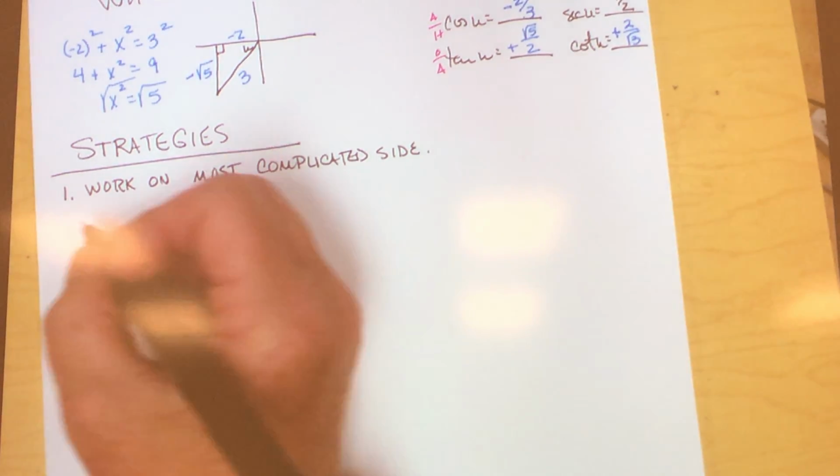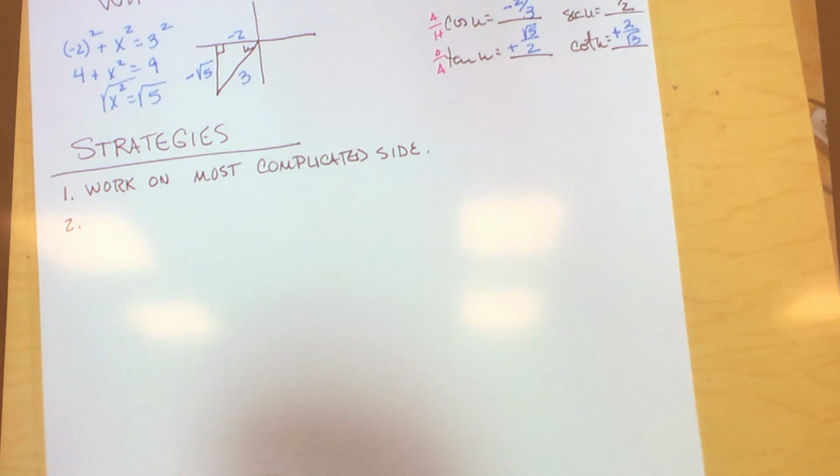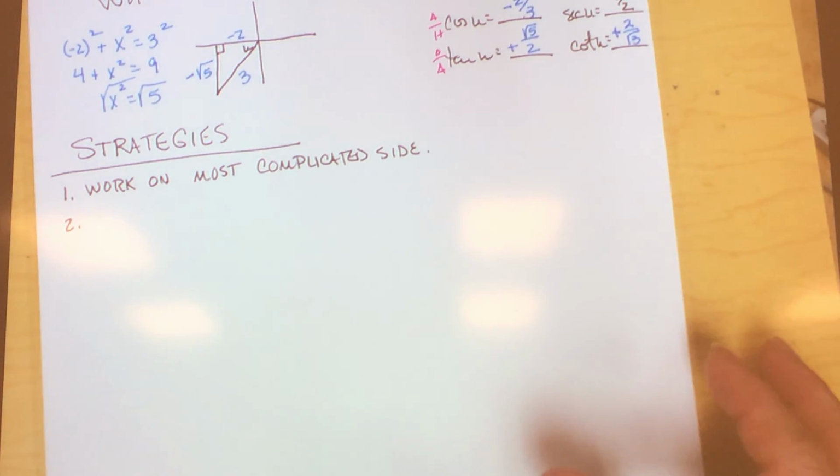All right? Number 2, this is a strategy that I might use if my problem's really easy. It's an awesome strategy. If my problem is really difficult, it could make your problem huge and messy. So it might not be the first thing I apply.